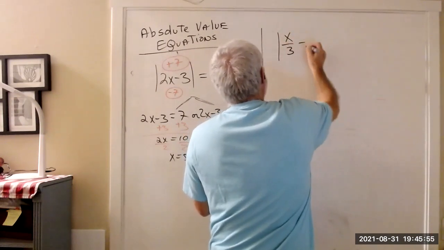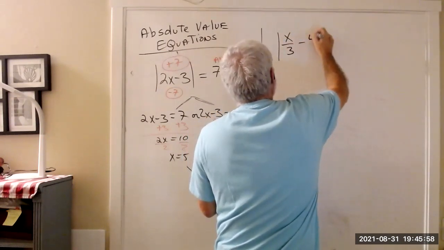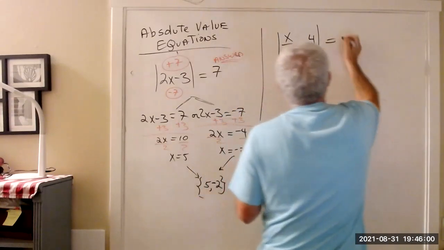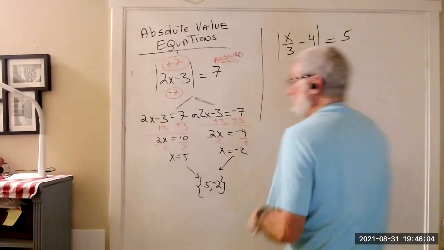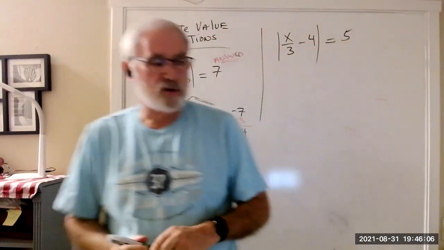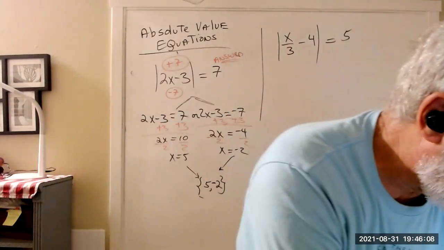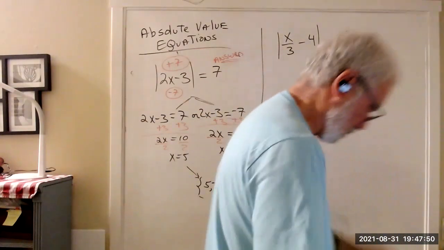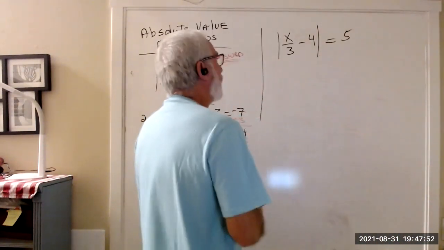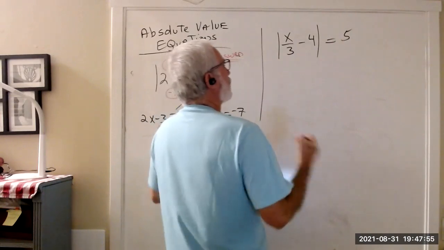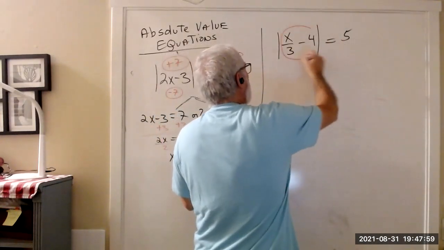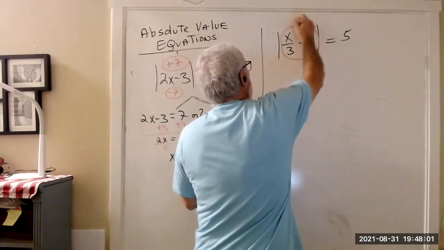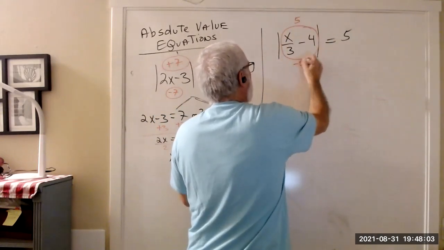|x/3 - 4| = 5. So let's pause while you guys think about that. All right, so again, you're looking at this problem, you're saying it equals 5. That means the inside quantity could have been worth 5 or it could have been worth negative 5.